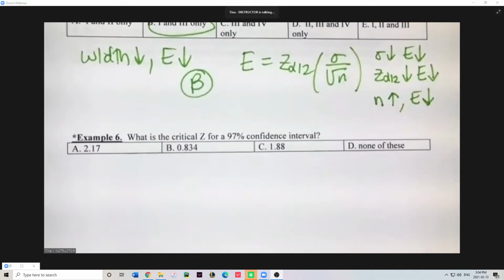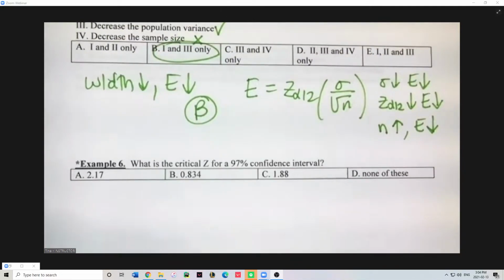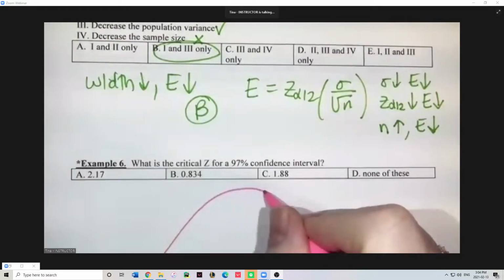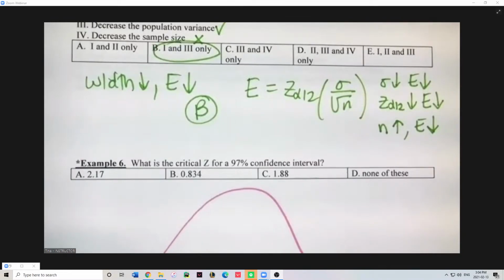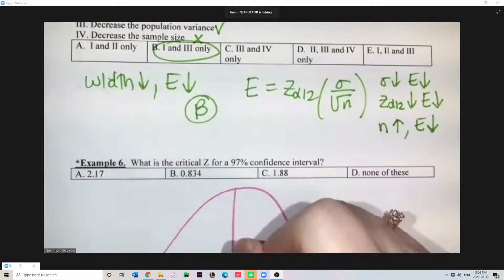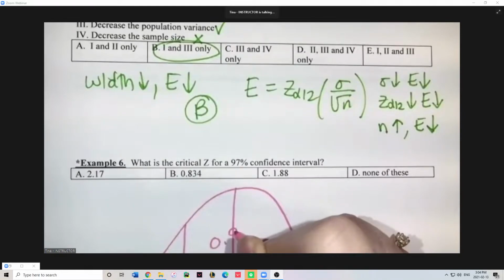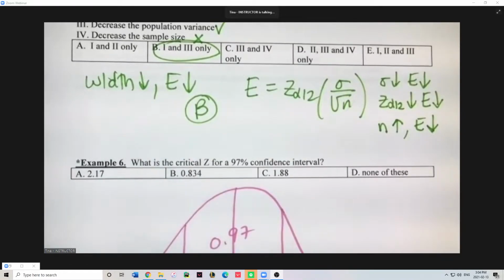Okay, what is the critical Z for a 97% confidence interval? Okay, so draw it out and label 97% in the middle.